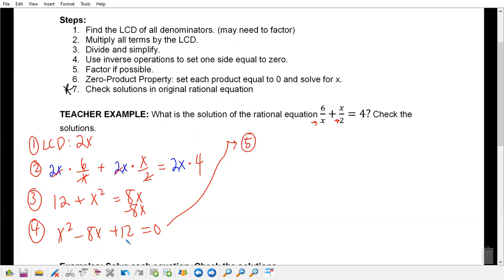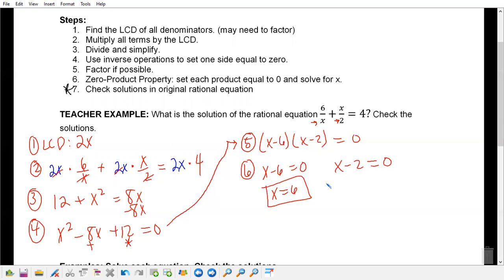Negative 6 and negative 2: what multiplies to give me 12 but adds to give me negative 8 is negative 6 and negative 2. Step 6 is to use the zero product property to set each factor equal to 0 and solve for x. So we have x minus 6 equals 0, and x minus 2 equals 0. So x equals 6, and x equals 2.